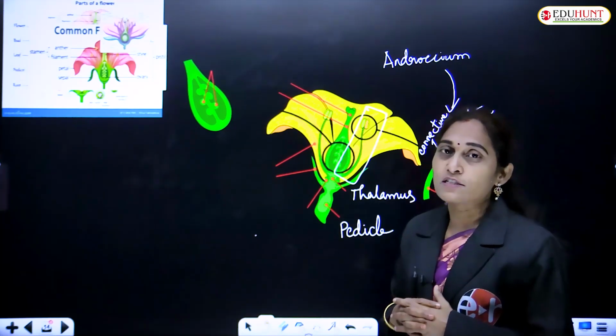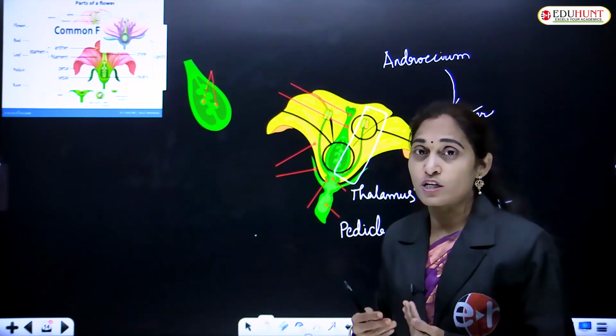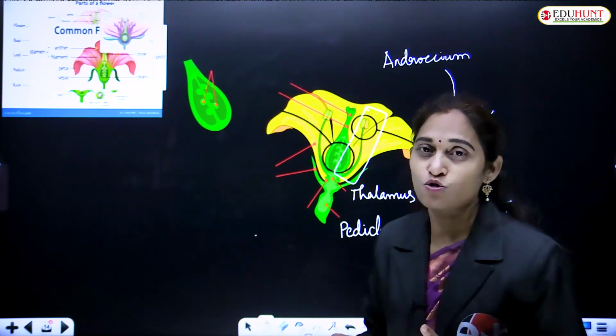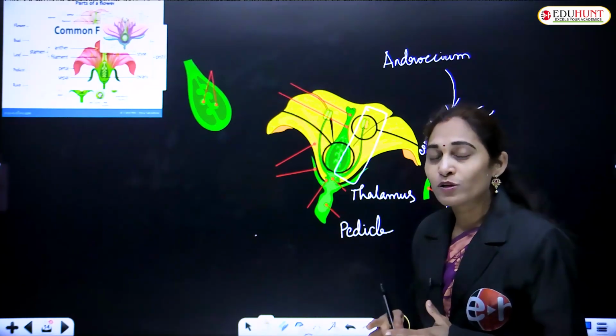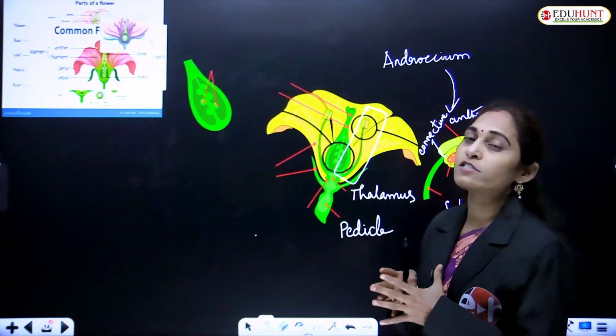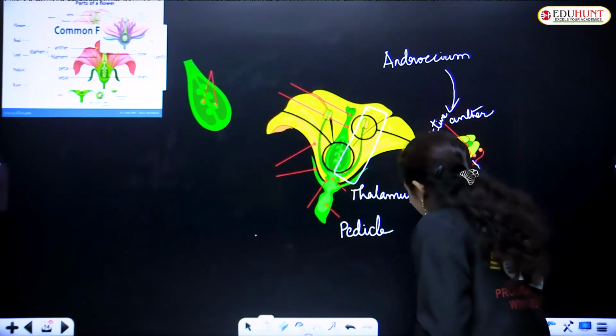Genus means generation, giving rise to. So the spore producing tissue is called the sporogenous tissue.